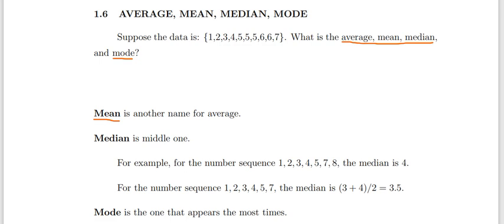So what is median? Median is the middle one. We put those numbers in order, from smallest one to largest one. The middle one is the median.